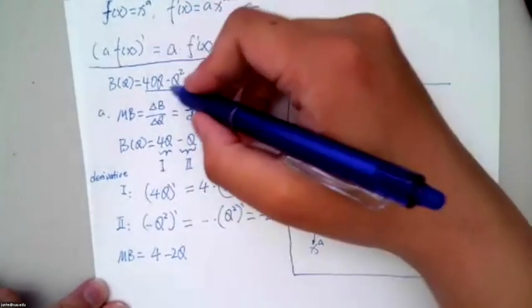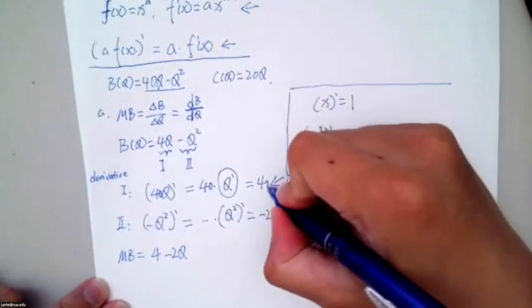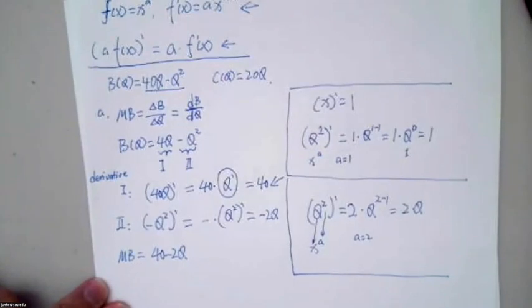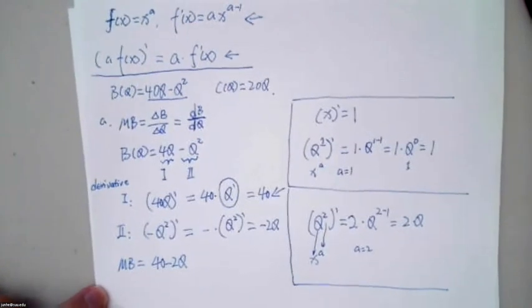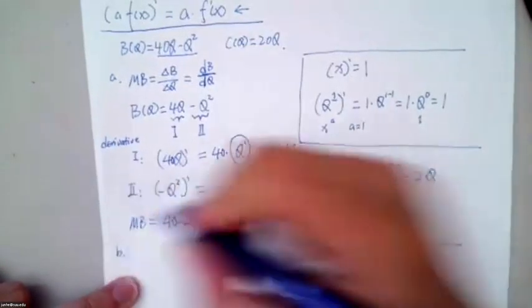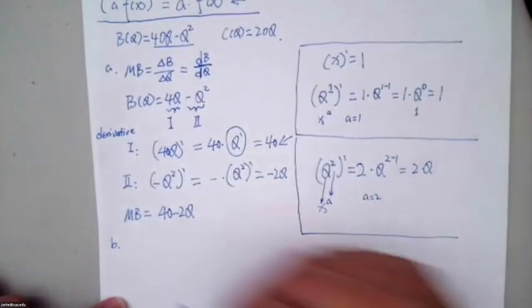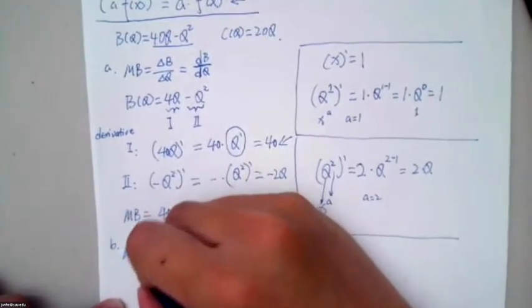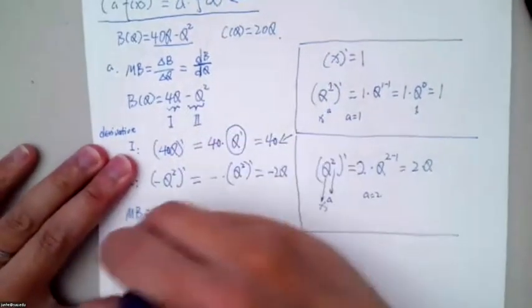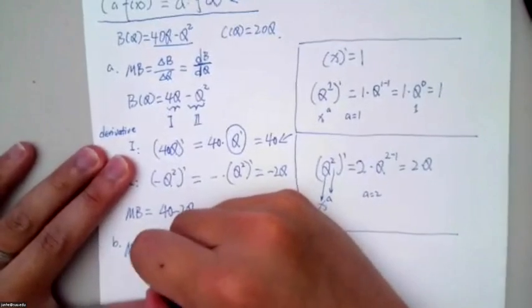40, I'm sorry. 40 minus 2q. That makes sense? Okay, so that's your question A. And for question B, that is to ask your marginal benefit when q equals 2.